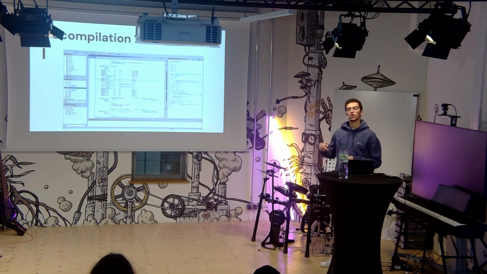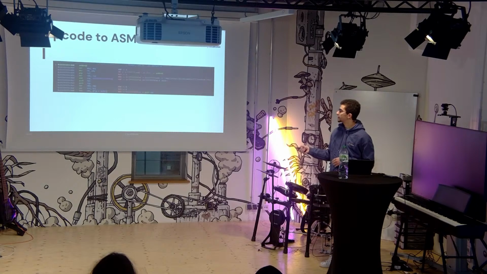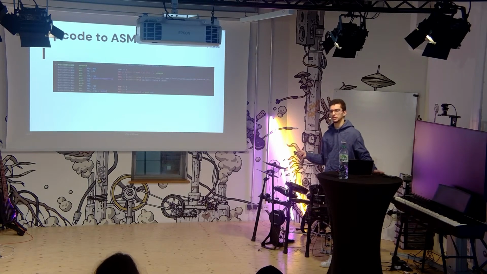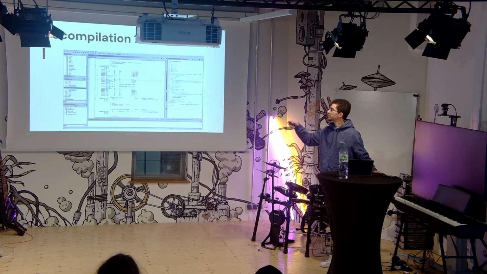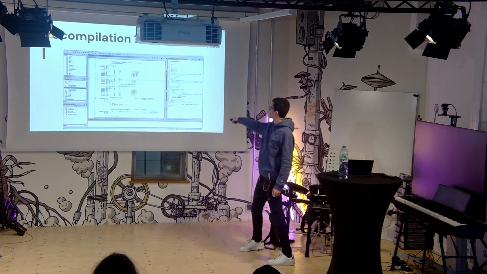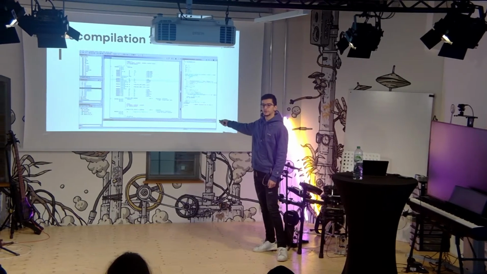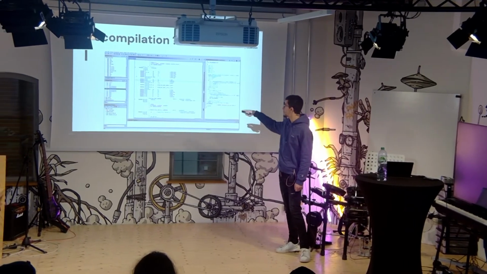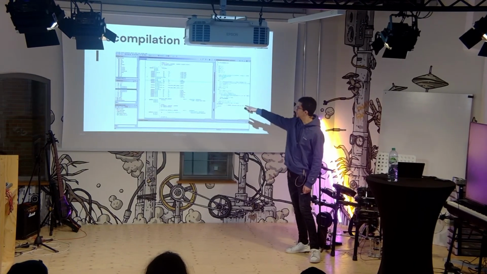Now, we're going to go one step further. In the previous slide, we went from opcode to assembly. Here, we are jumping from opcode directly to a decompilation. As you can see on the right side, it's kind of a C code that represents the binary. This is from Ghidra. And on the left side, it's kind of the disassembly.